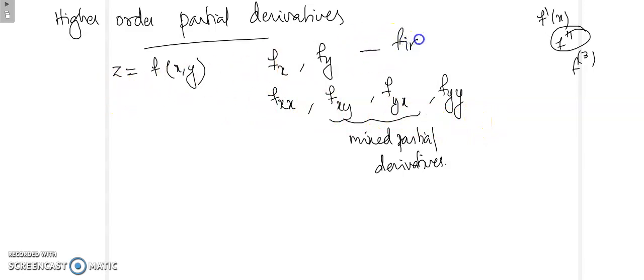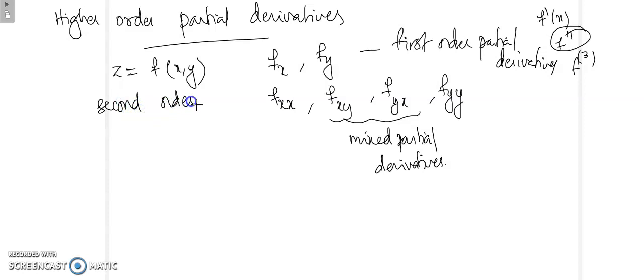So these are the first order partial derivatives. And when you come to the second order partial derivatives, these are the second order partial derivatives. So second order partial derivatives നാലെണ്ണമുണ്ട്.